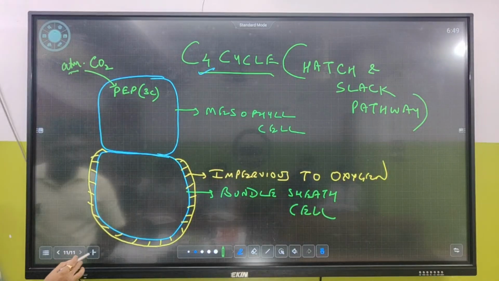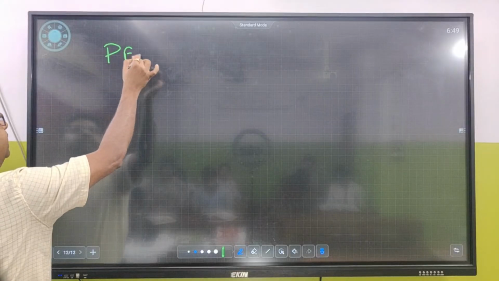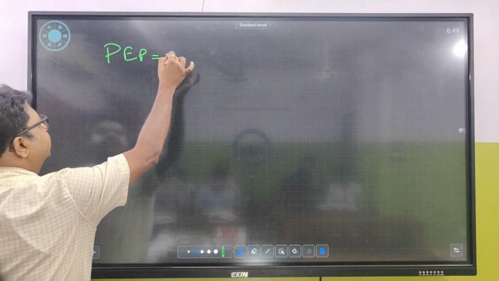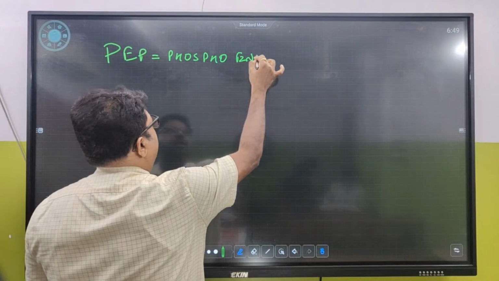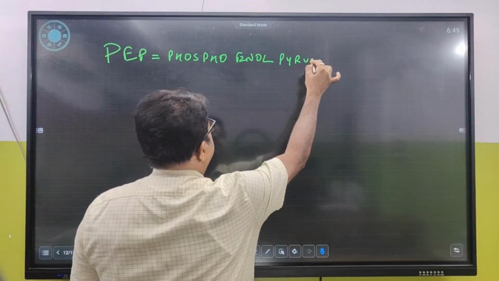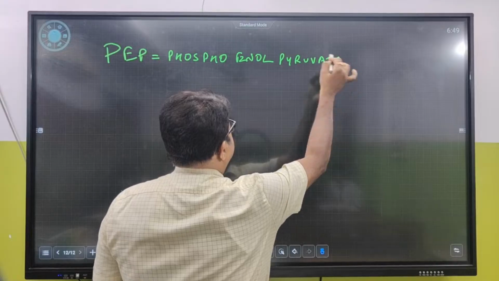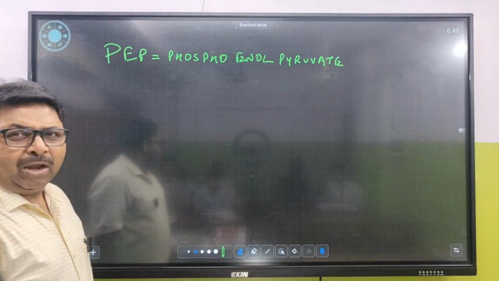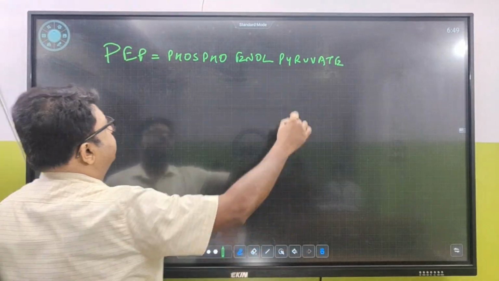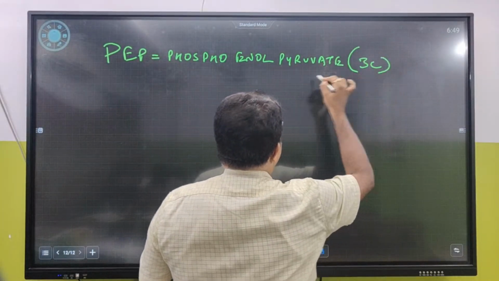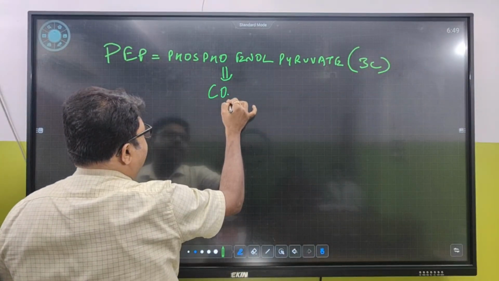Now, what is PEP? PEP is called phosphoenol pyruvate, or pyruvic acid. It's a 3-carbon compound, and it acts as the carbon dioxide acceptor.